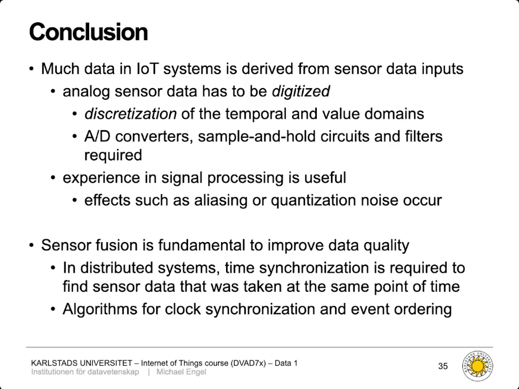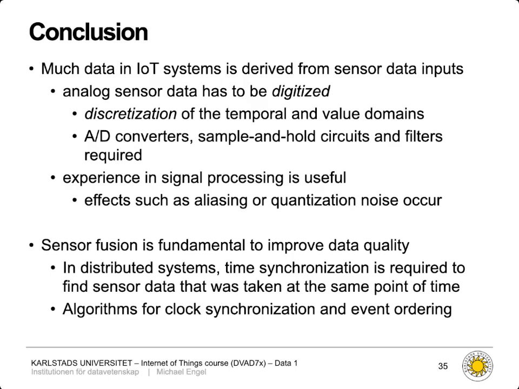Experience in signal processing is very useful for building IoT systems that really capture high-speed data or data that has to be very precise, because you have all these effects like aliasing or quantization noise when you have high-speed signals. Of course, if you only measure temperature, which changes very slowly, and you only need it to a degree or something, it's not quite that critical, to be honest.